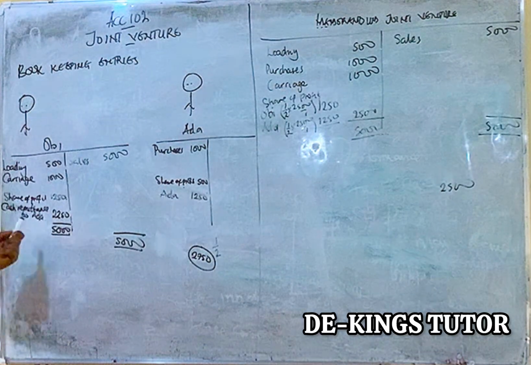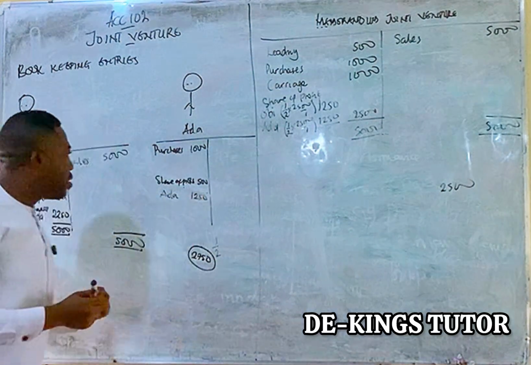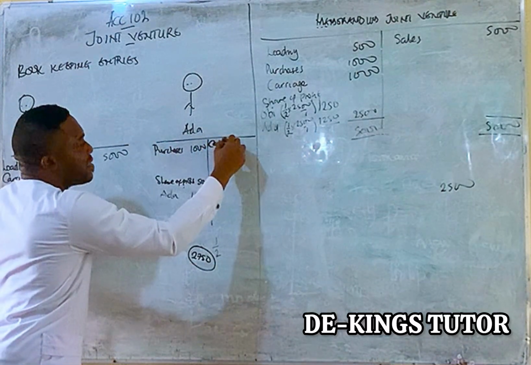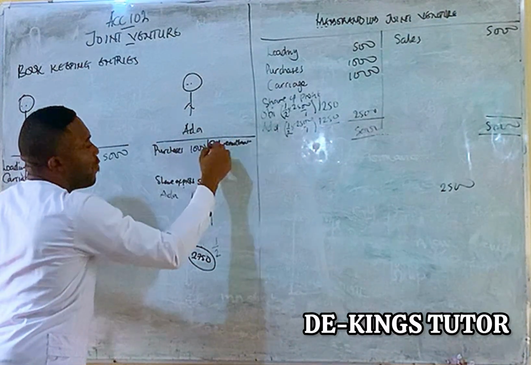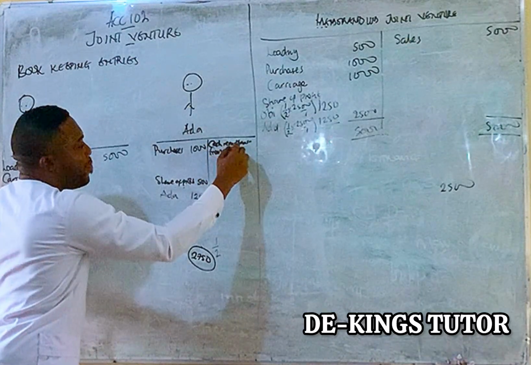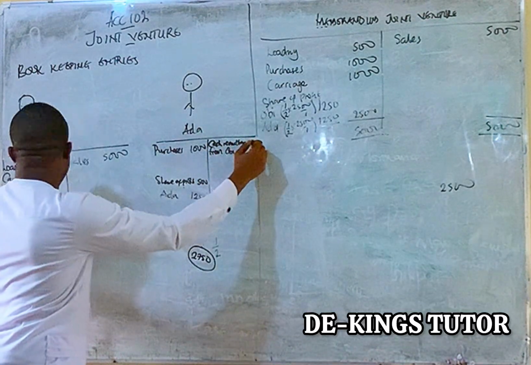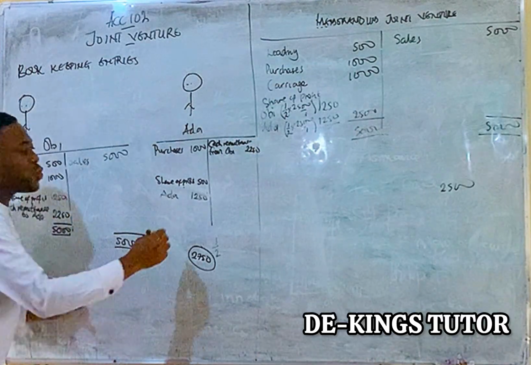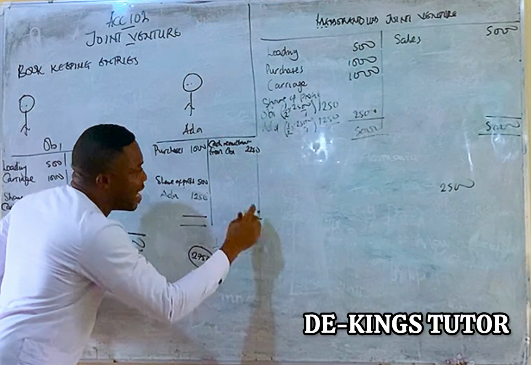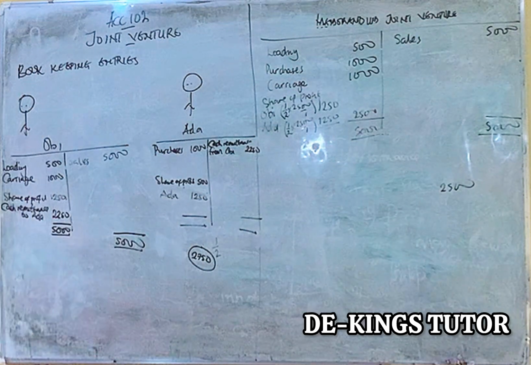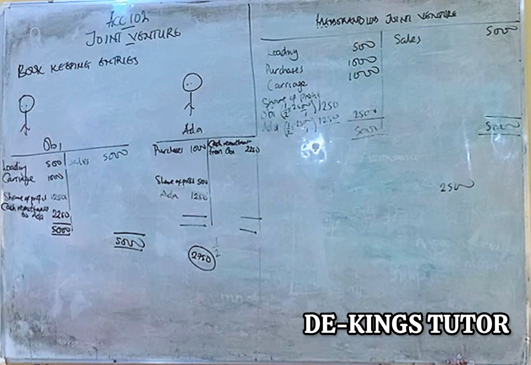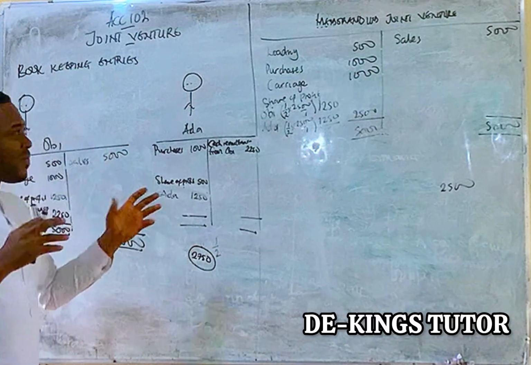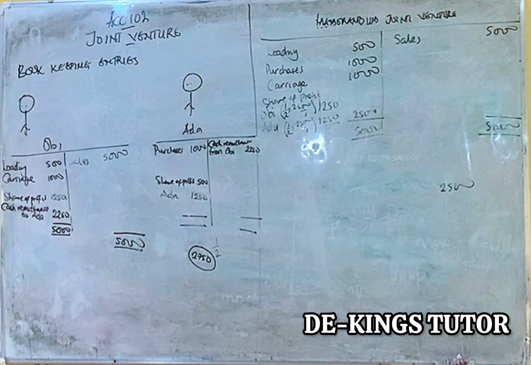So this value will now be sent to Ada. So it becomes cash remittance from Obikereke. How much is it? 2,250. So that when we add together, it balances itself. Of course, if you add it, this is 2,750 because I just framed the question, but that's how it's supposed to be.